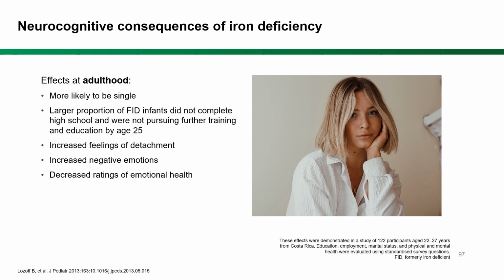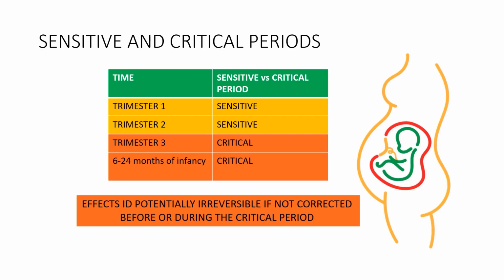It has been recognized that pregnancy has different periods, some which we call sensitive and others critical. For instance, if the mother was iron deficient in trimester 1 and 2, you can still reverse any problems that might arise by giving iron in the 3rd trimester.